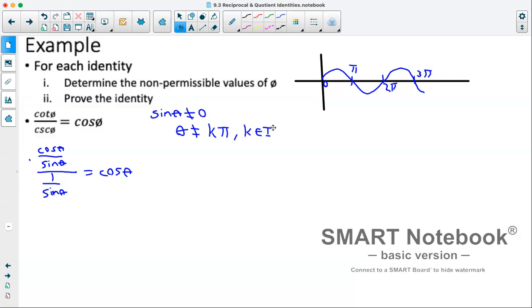Now that we've done that, we'll prove the identity. Now we have a fraction divided by a fraction, which is the same as multiplying by the reciprocal of this fraction down here. So that's times sine theta over 1. So that cancels with that. So that gives us cos theta equals cos theta. So we have proven this identity.